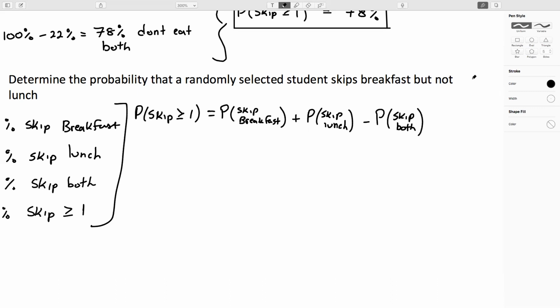The probability that they skip both has to be subtracted because they're not mutually exclusive, and this is the intersection.